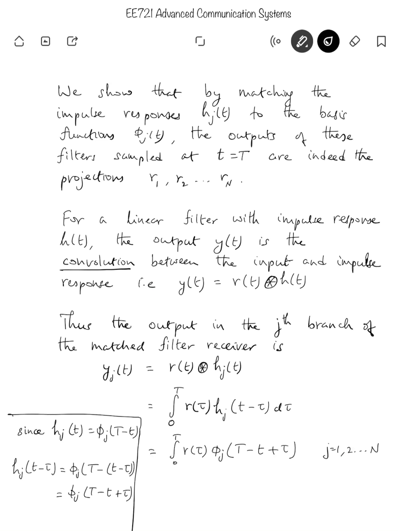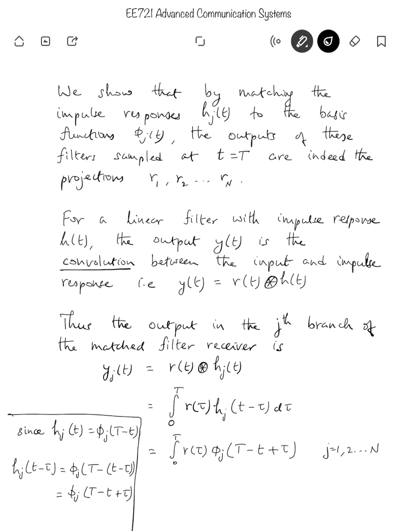So when we compute this, we get R of tau into h of t minus tau d tau. Now the impulse response is matched to the corresponding basis function. So hj of t is given by this. So the shifted version of the impulse response now will become phi j of t minus tau.